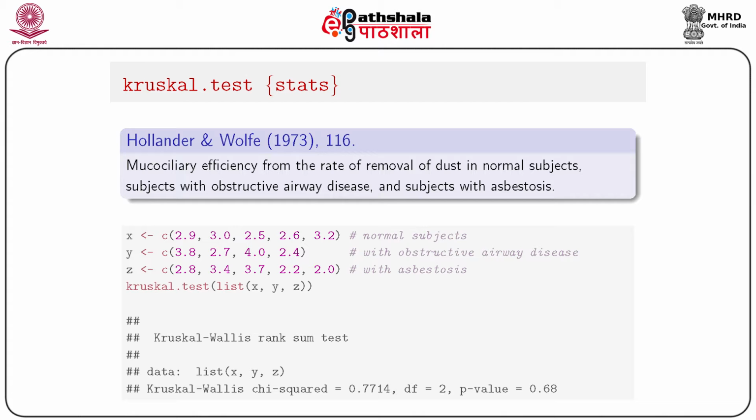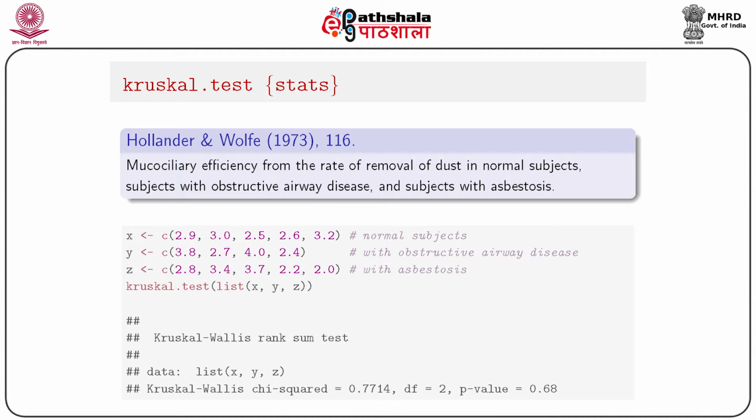That is, X, the normal subjects, is 2.9, 3.0, 2.5, 2.6, 3.2, and Y is c(3.8, 2.7, 4.0, 2.4), and Z is c(2.8, 3.4, 3.7, 2.2, 2.2), and these are the three variables.